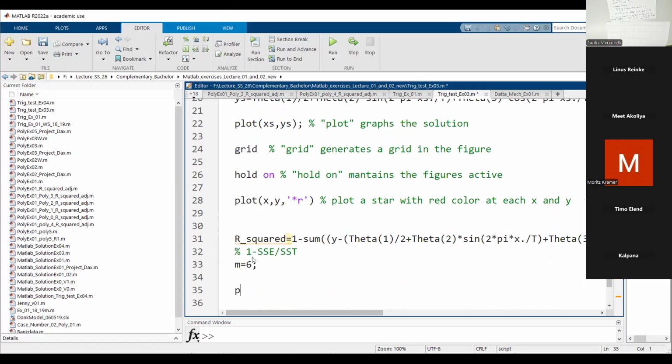Then we have P, as I told you, equals 2 times... Let me see how I can express here. N is 2. Excuse me, plus 1. No? Because this is, as a comment for you, P equals 2 times N plus 1.